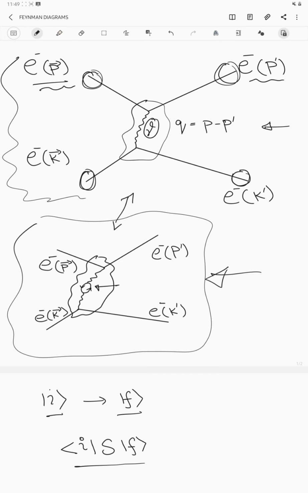Now, this diagram, this one, is actually more complicated compared to this diagram. And so it turns out in quantum field theory, the more complicated the diagram is, the less likely it is to contribute to a particular process. And so we can say that this diagram is a higher order diagram.